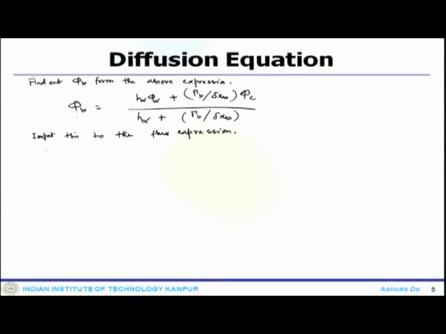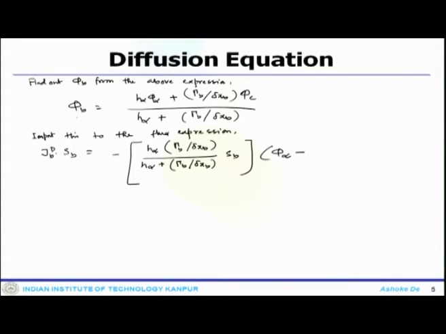one can get J B dot S B equals to minus H infinity gamma B by del x B divided by H infinity plus gamma B by del x B, S B, into phi infinity minus phi C. This particular term one can think about as a resistance or some sort of an equivalent resistance, and you represent this one as R eq.